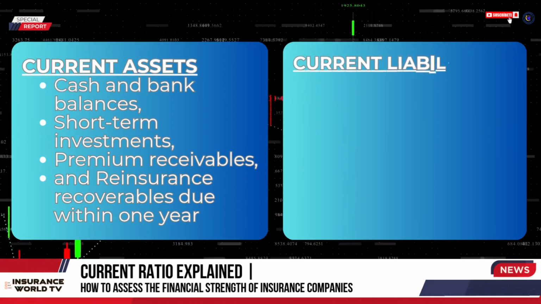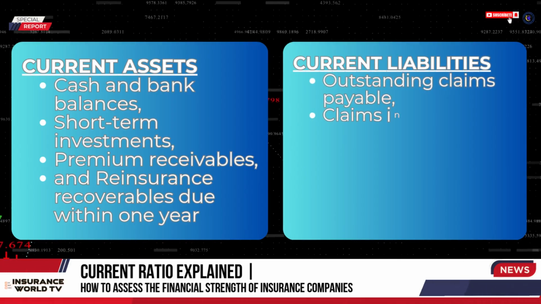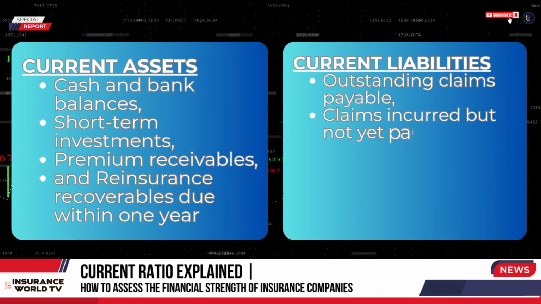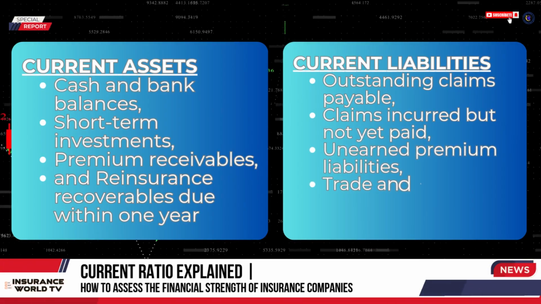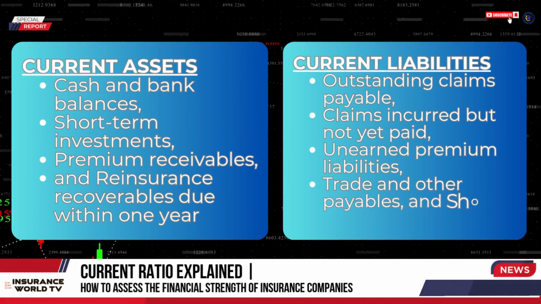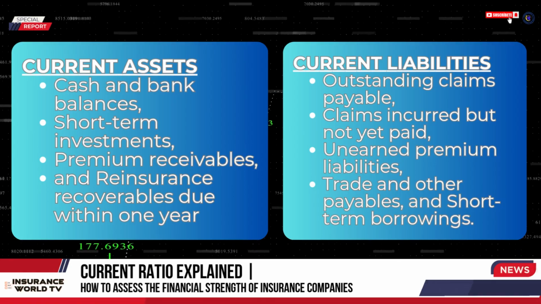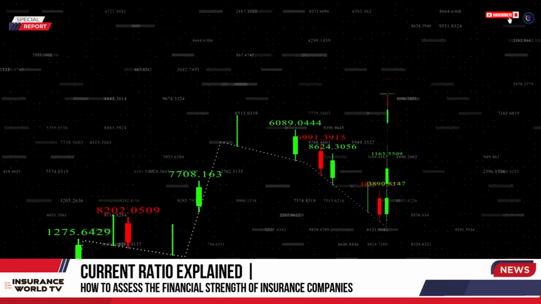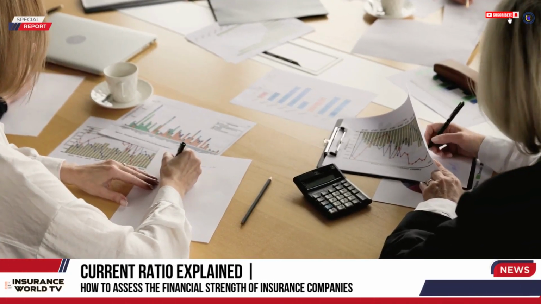Current liabilities usually include outstanding claims payable, claims incurred but not yet paid, unearned premium liabilities, trade and other payables, and short-term borrowings. This is important because insurers are claims-paying institutions. And because of that, liquidity for them is not optional, it is fundamental.